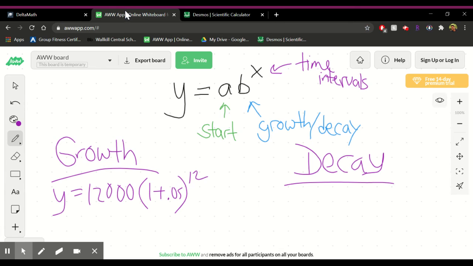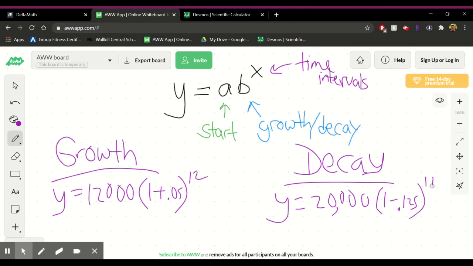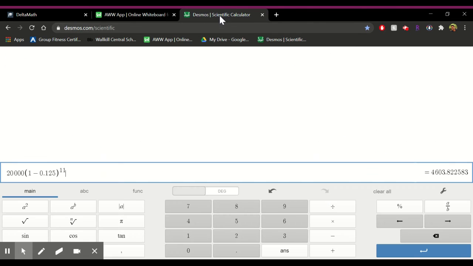Okay. So again, we're still using this formula, right? Your start, your decay. We got 20,000, and it's 1 minus 0.125 to the, how many years did I say? 11 years. All right. And when I do that, I get this number, but what do I round it to?